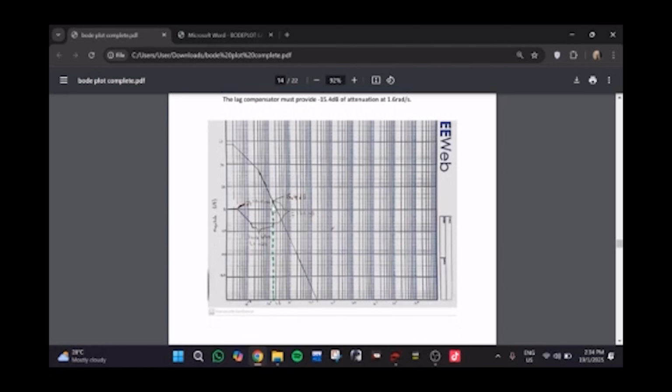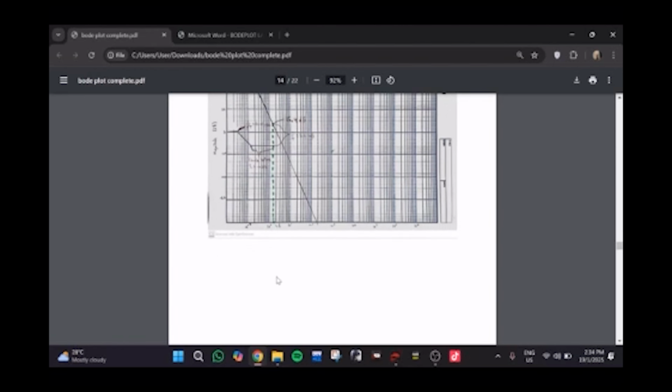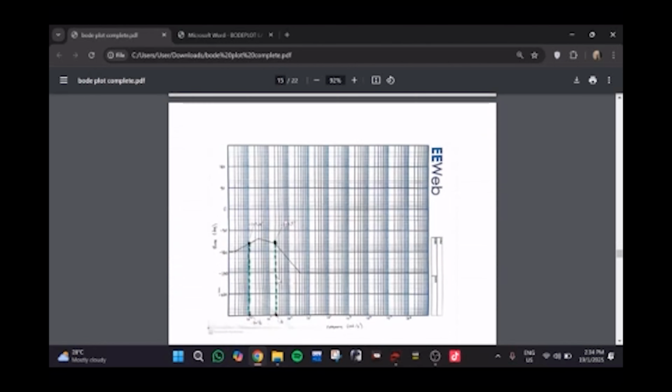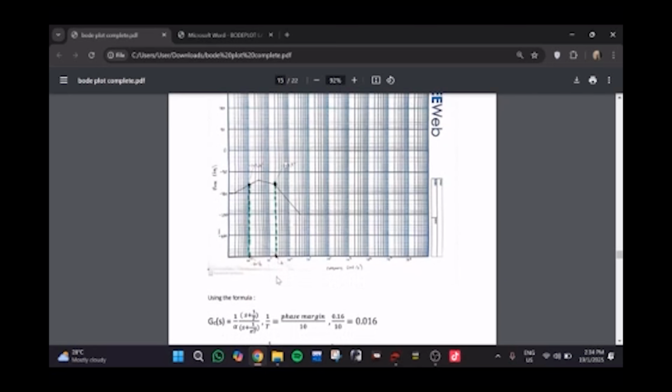So here you can see 15.4 dB, here it dropped, and then it is a frequency.